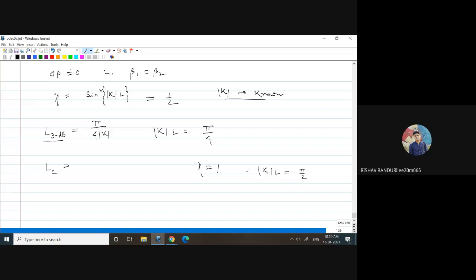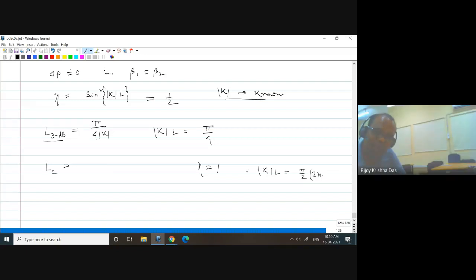No, it should be an integer times, (2n plus 1) pi by 2. So an odd integer multiple of pi by 2. So I can have LC equal to pi times (2n plus 1) by 2 kappa. That is our LC, complete.